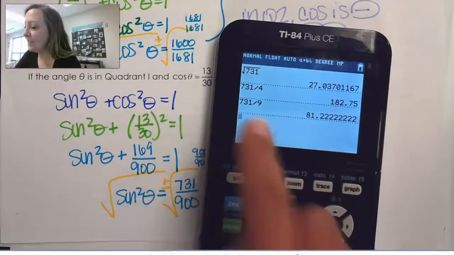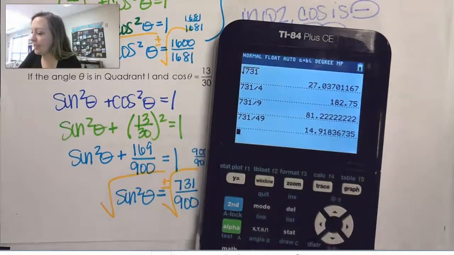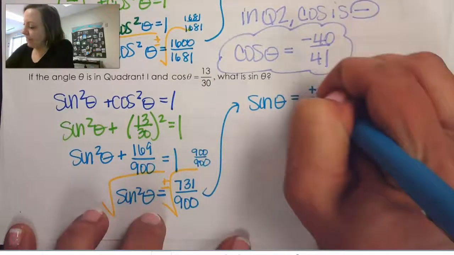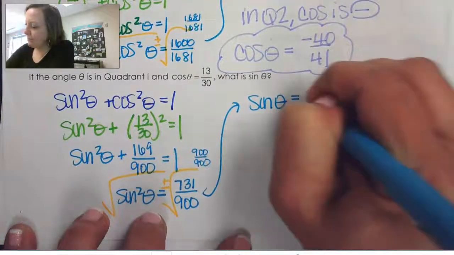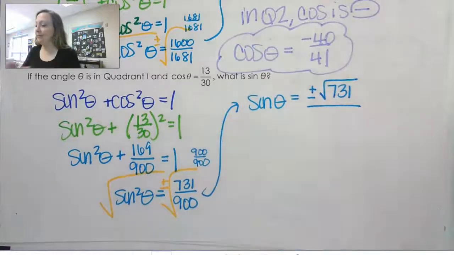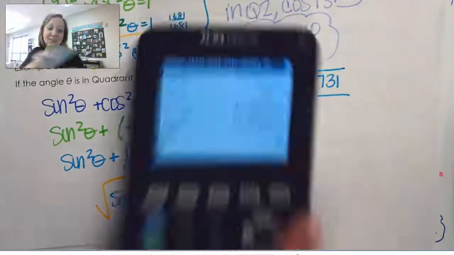If 4 and 9 don't work, 36 doesn't work, 49 doesn't work. It turns out that 731 can't really be simplified. There aren't any perfect squares that go into that. So that means that we can just leave that as root 731. And what about the square root of 900? If you try that, that does give us 30.